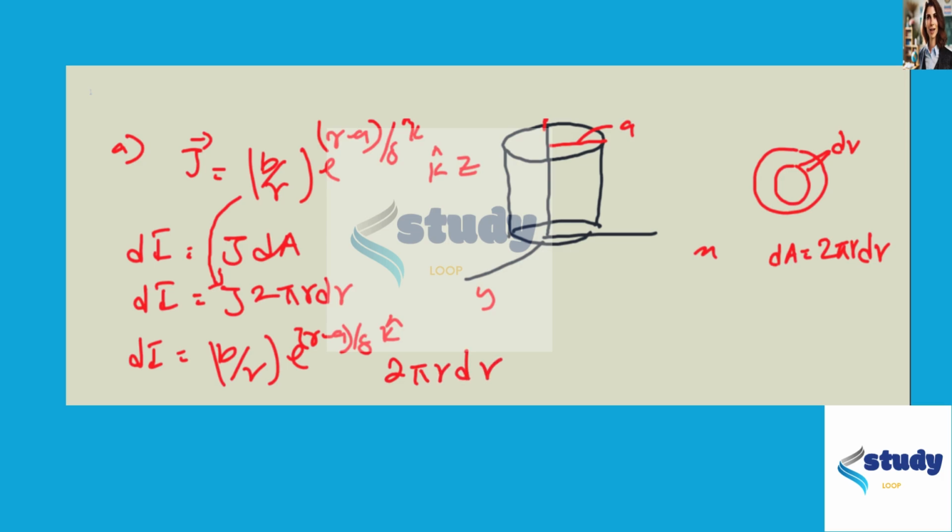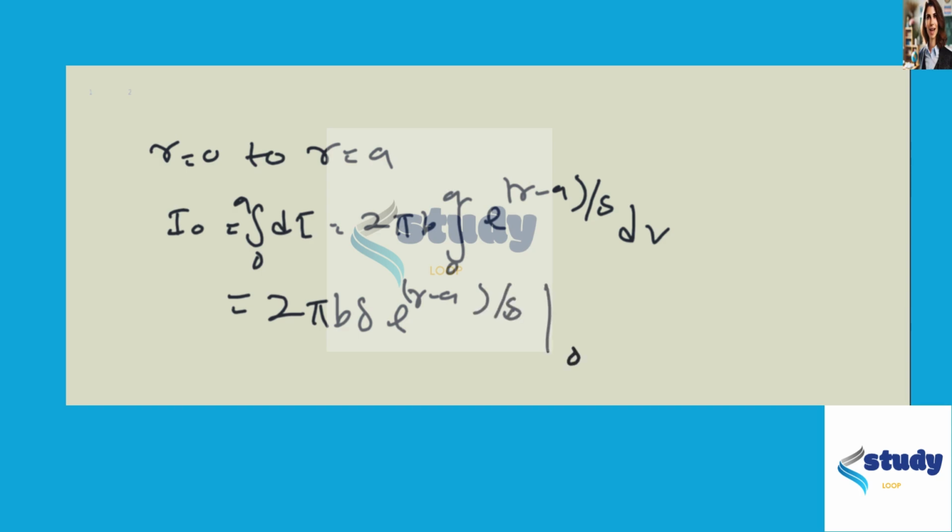Then the total current passing through the wire equals the integration over the whole wire from r equals 0 to r is equal to a. So I naught is equal to integral from 0 to a dI, that is 2 pi B integral from 0 to a e exponential r minus a over delta dr. Then the integral evaluates into 2 pi B delta e to the r minus a over delta from 0 to a.